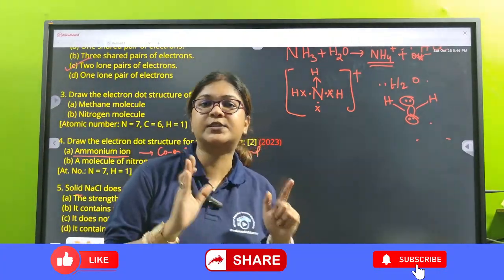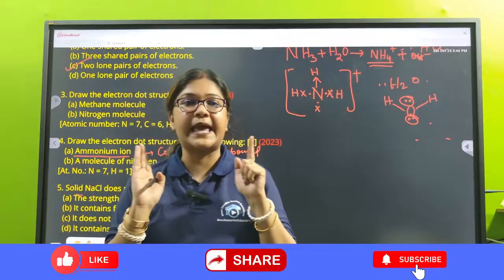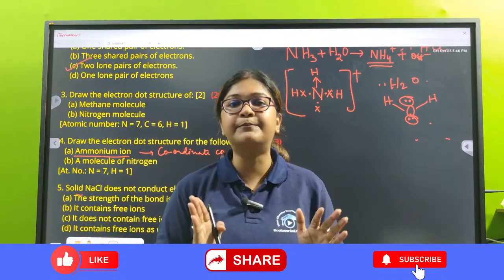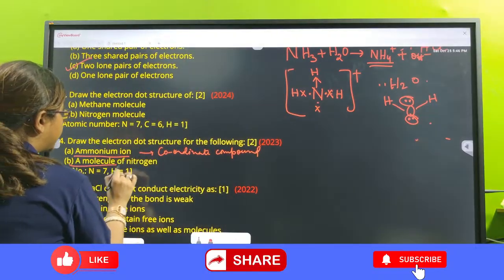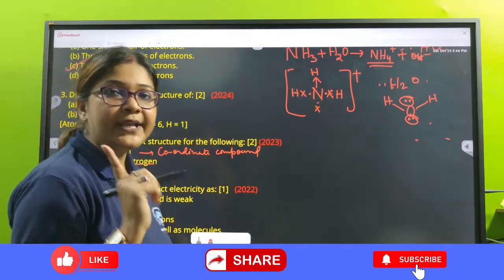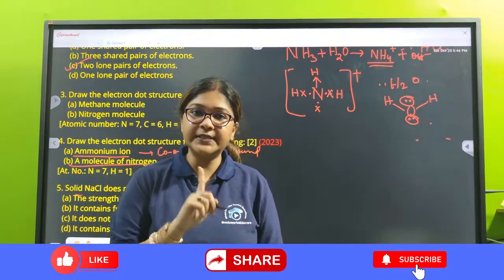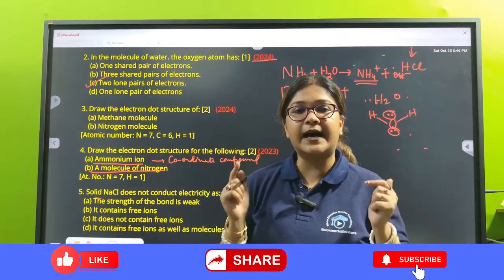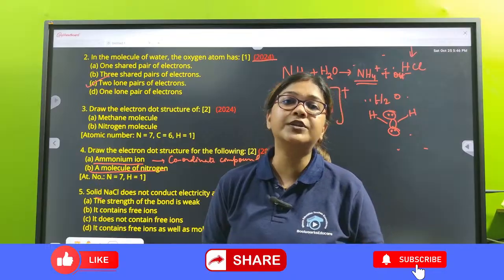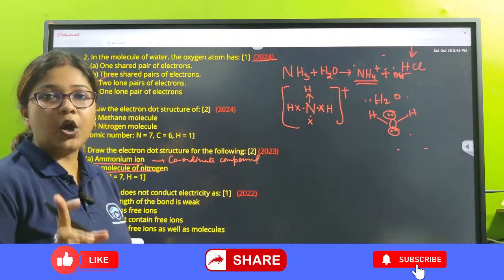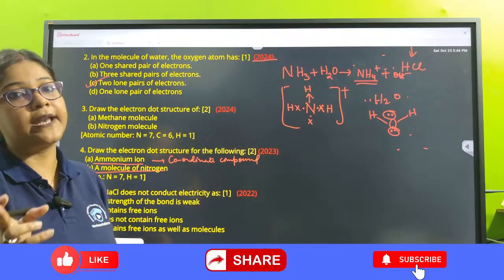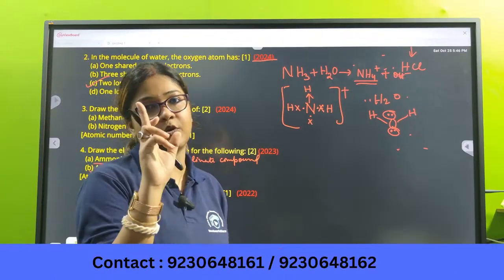Ammonia gives a covalent compound, whereas ammonium ion is an example of a coordinate compound. And a molecule of nitrogen is a covalent compound, and as I said, it has a triple covalent bond, right? So it has a triple covalent bond and not 3 single covalent bonds.